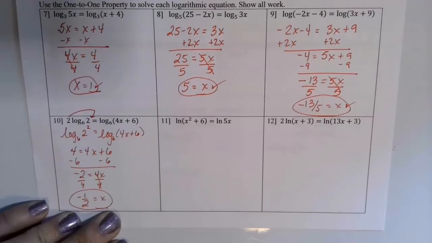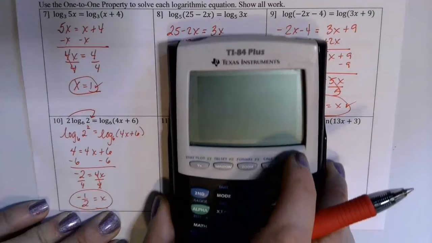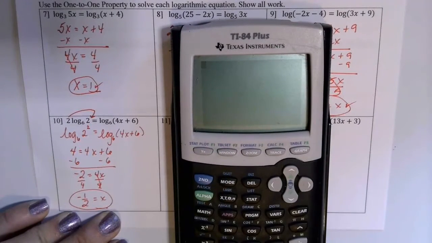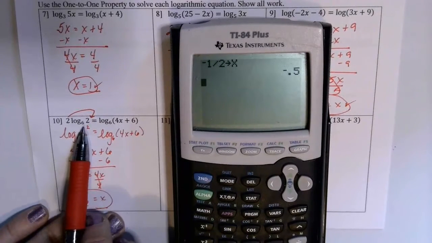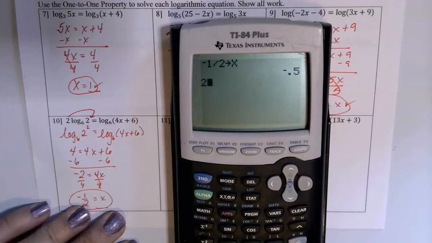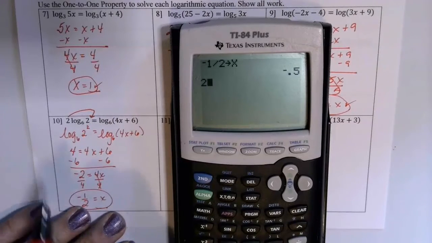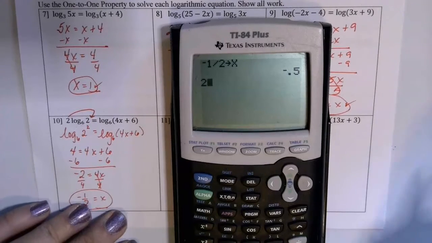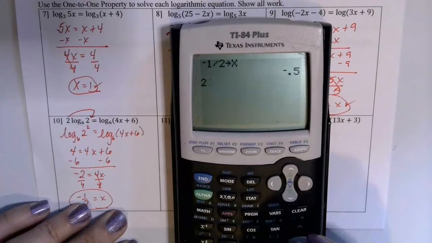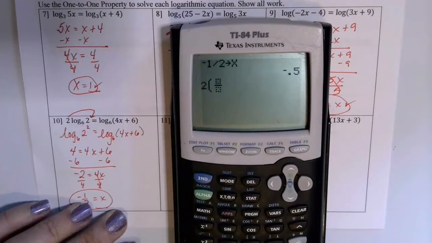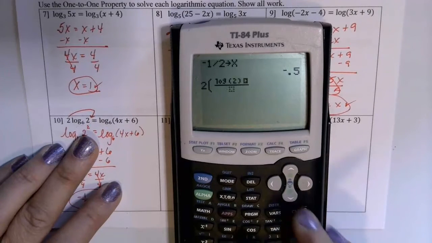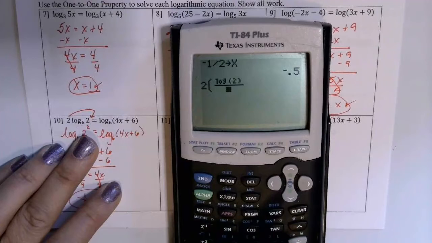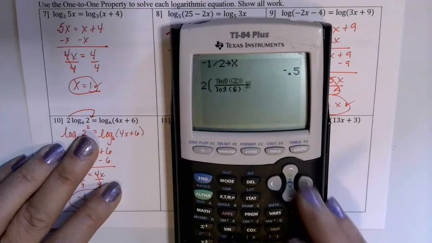Okay. And then to check that in the calculator, we're going to do negative 1/2 and store that as the x. And then on the left side, we're going to need to apply that change of base property since we have a log base 6 of 2. So that's going to be 2 times, and then in the numerator, we'll have a common log of the argument divided by the common log of the base.